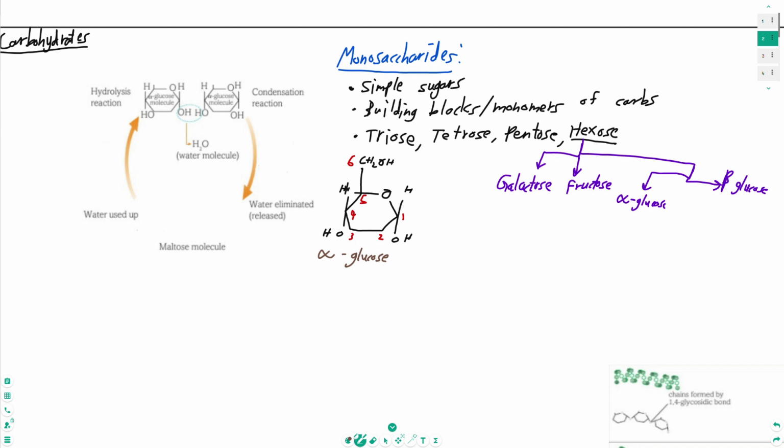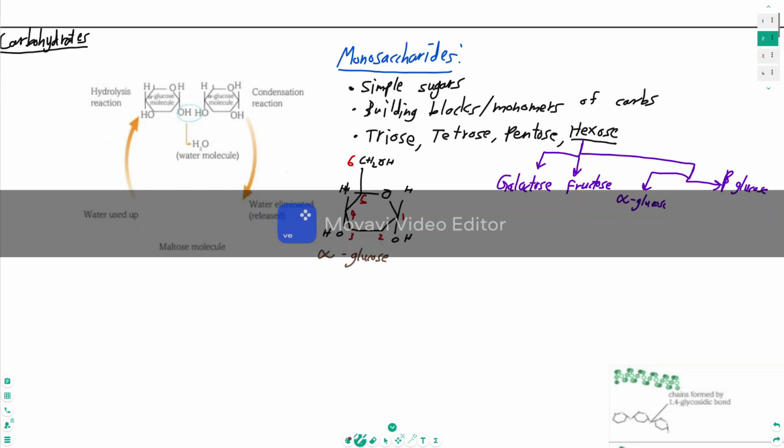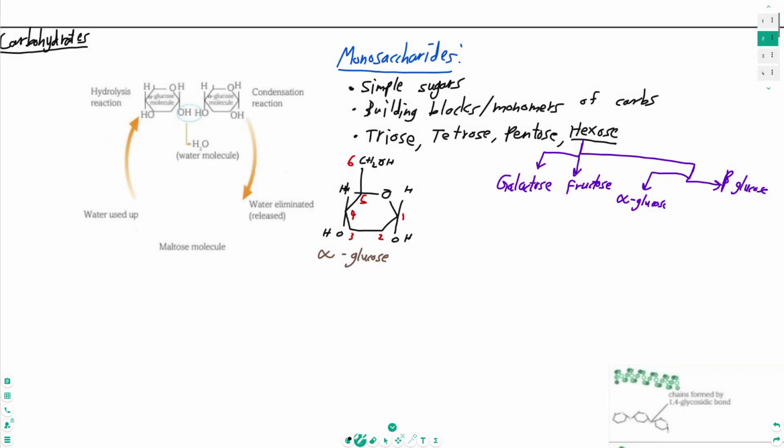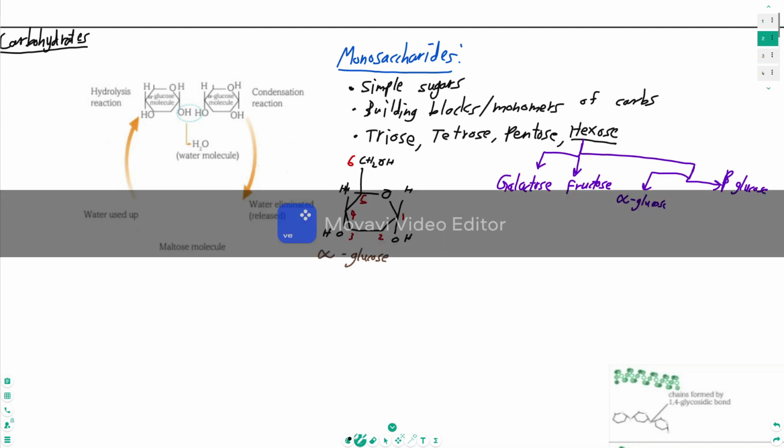So if I draw beta glucose, it's the same for alpha, so we can also get alpha galactose and alpha fructose as well. For beta glucose, and actually any beta monosaccharide or beta carbohydrate, I'll draw it here.